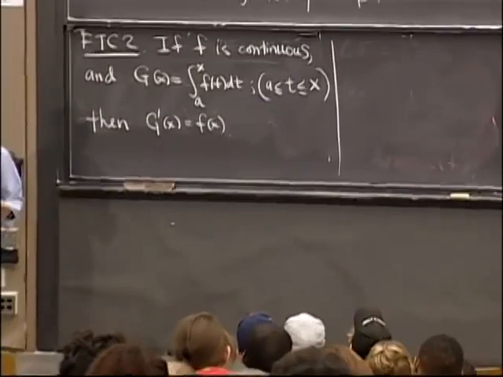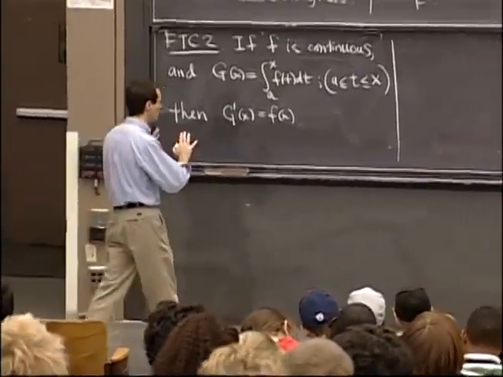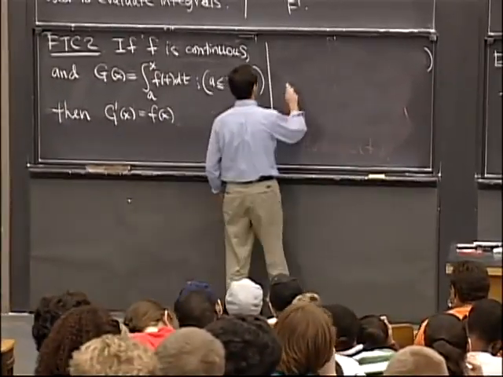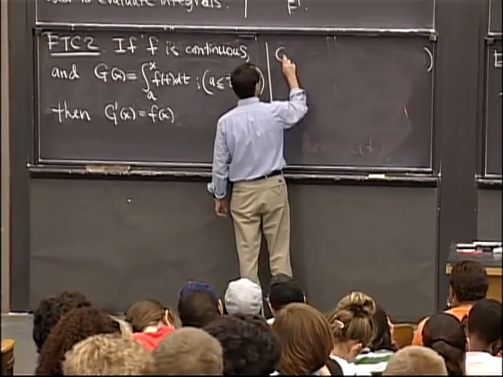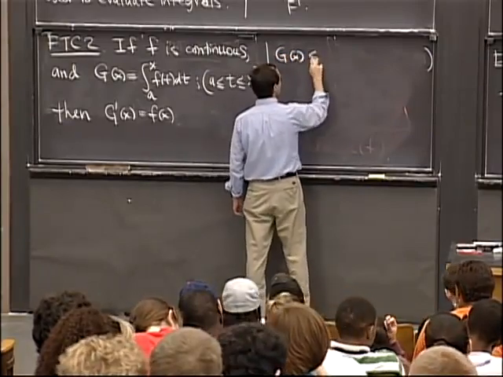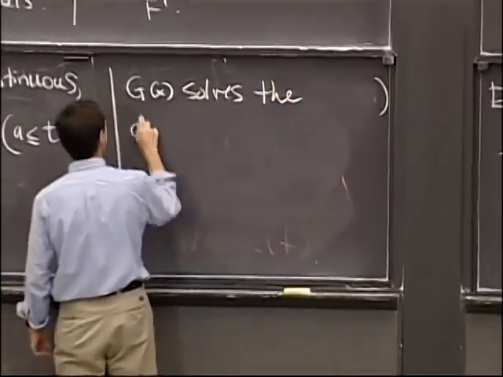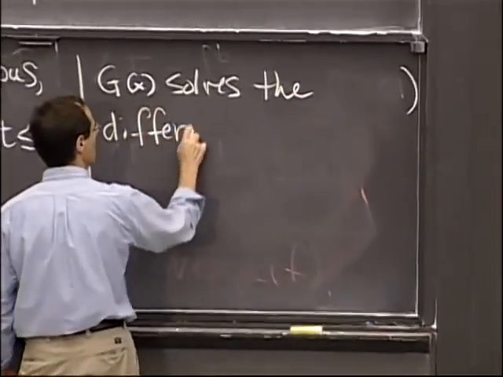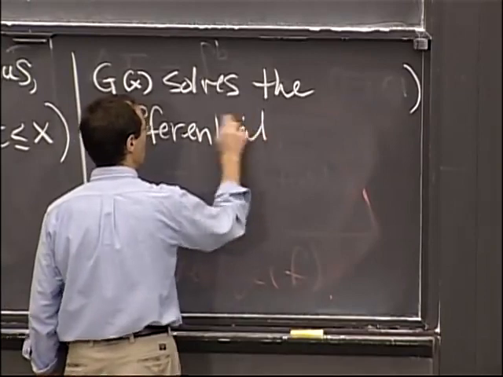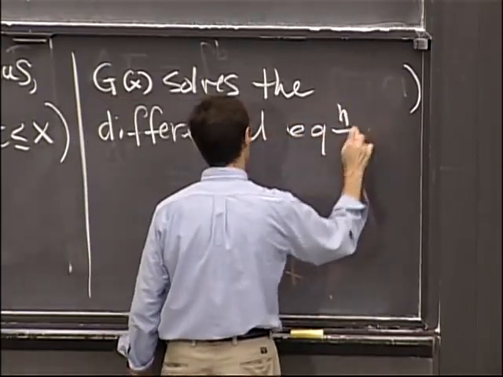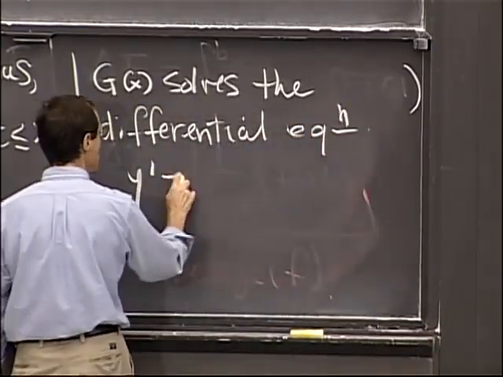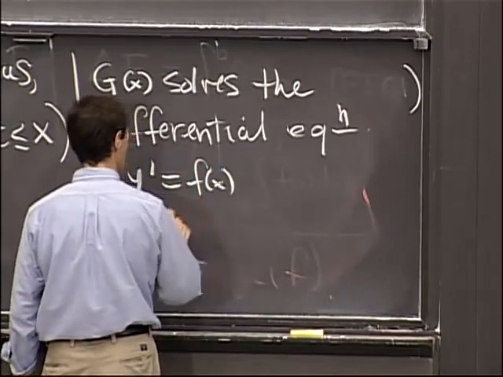Let me first explain what the significance of this theorem is from the point of view of differential equations. G of x solves the differential equation y prime equals f of x.